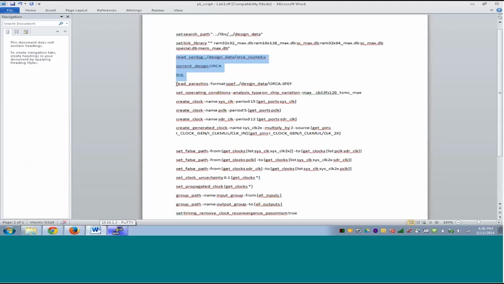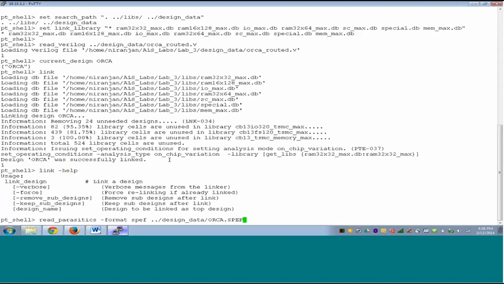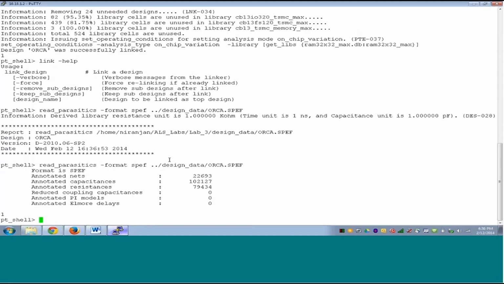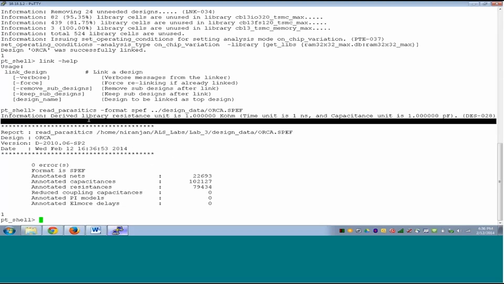Now the important command specific to post layout is read_parasitics. So this is the command. We will tell it the format, and we will read this SPEF which is for this design. Now it will give some messages, and if there are some errors, it will produce them here.